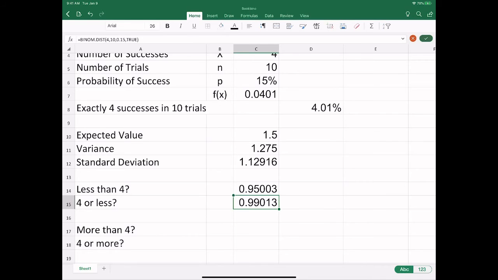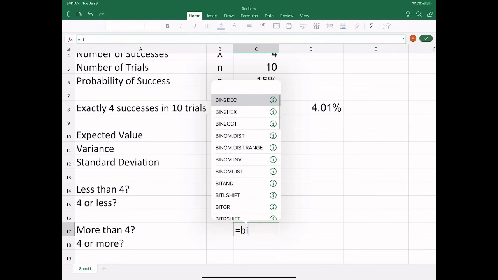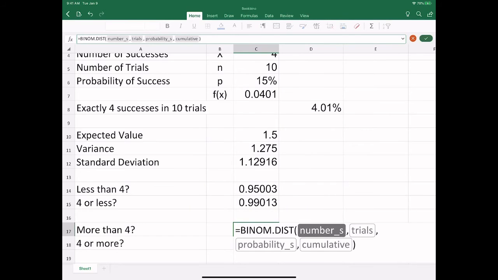Now, there's a little different twist when you're trying to do numbers that are more than. It starts out the same. We're going to say equal binomial distribution. More than 4.